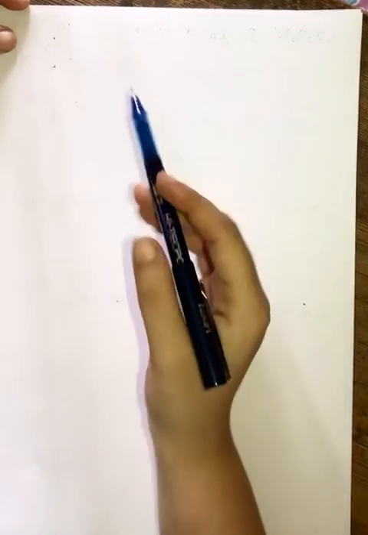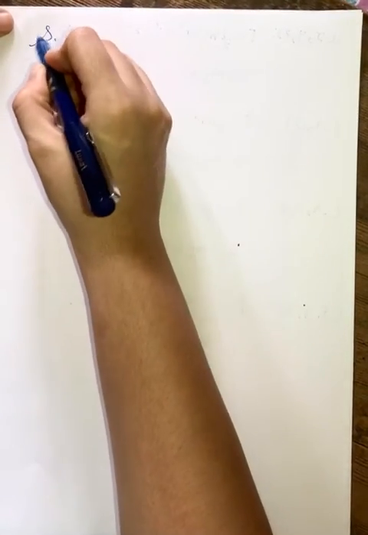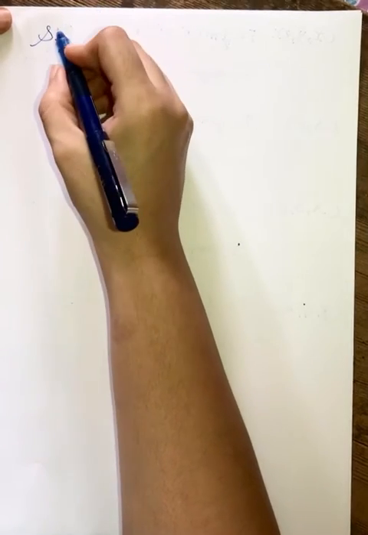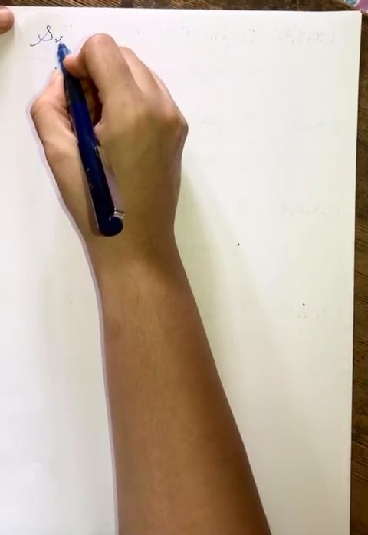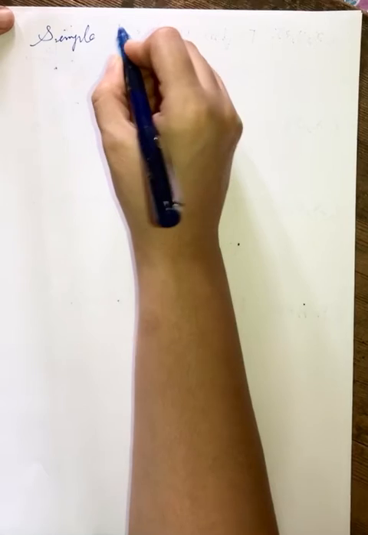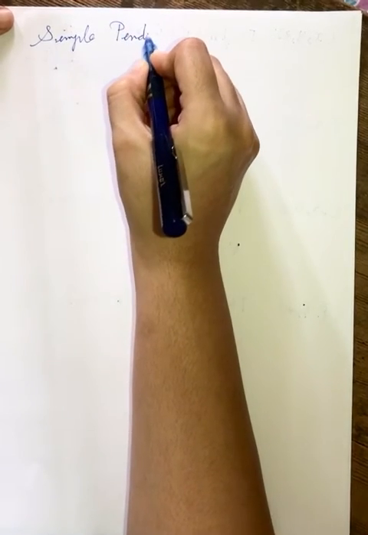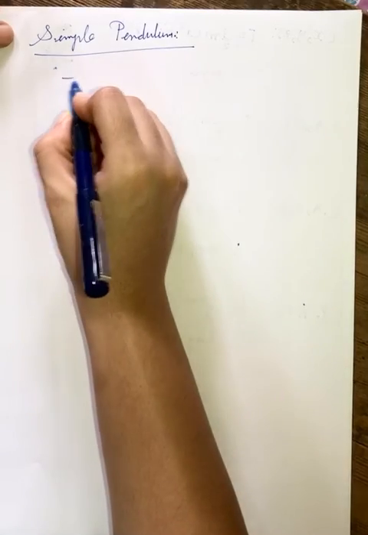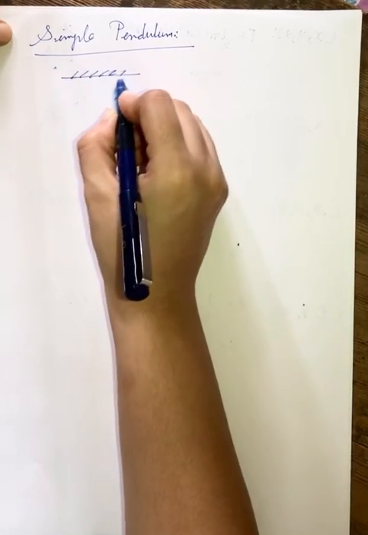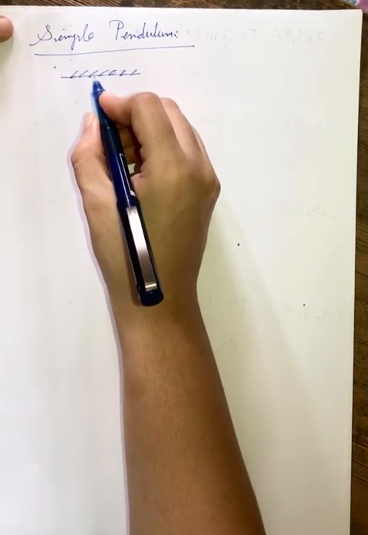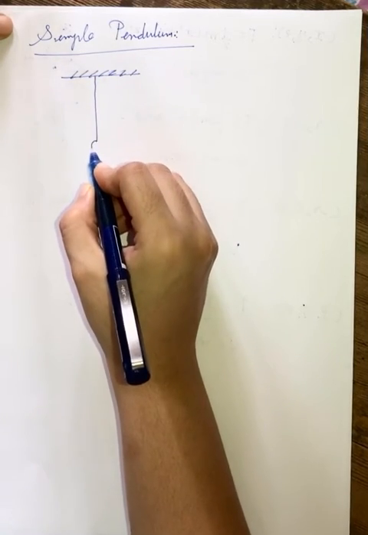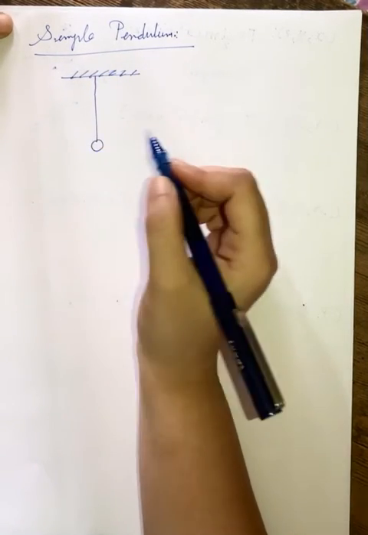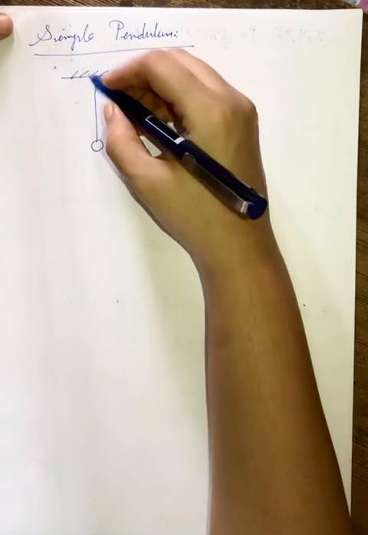Now, for practice and to understand it very clearly, we will take an example and solve Lagrange's equation of motion for a simple pendulum. Let's say this is the initial position of the pendulum.